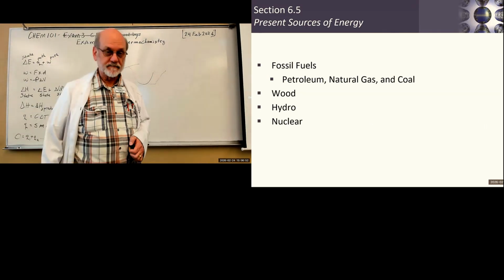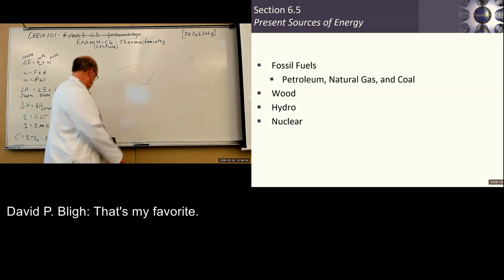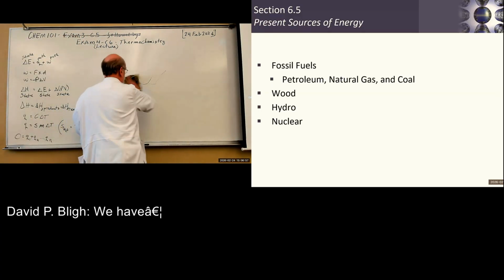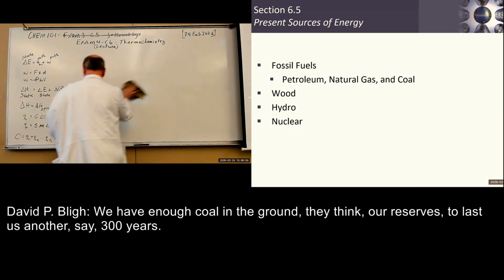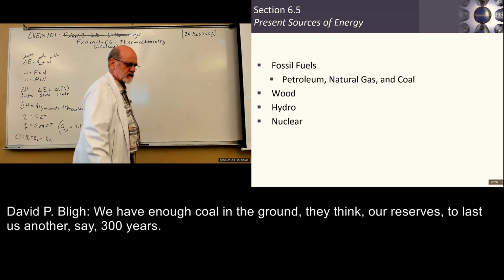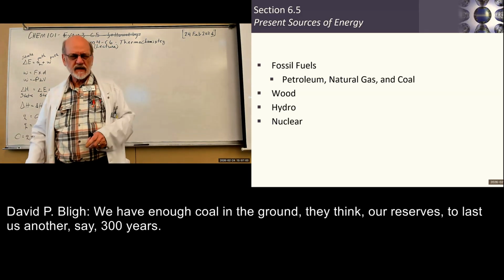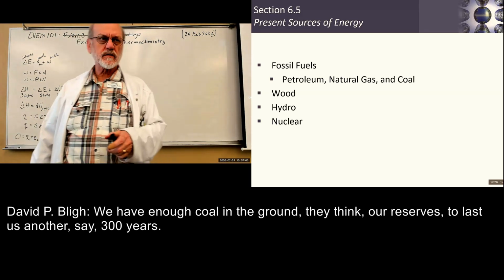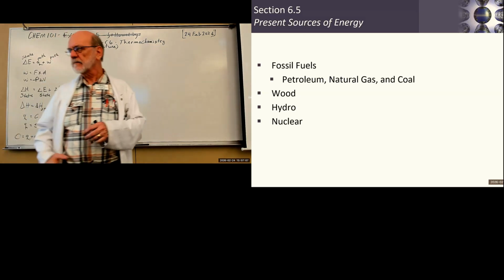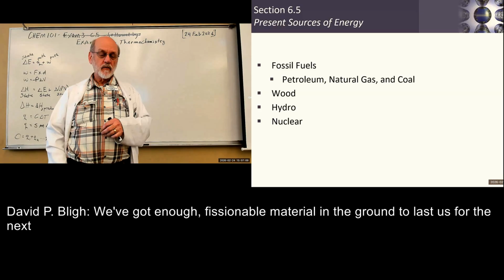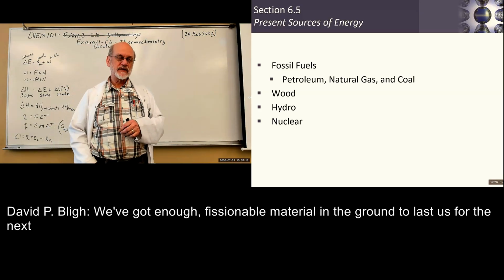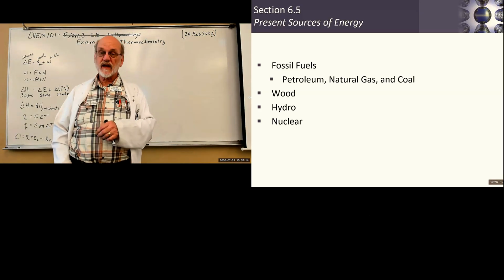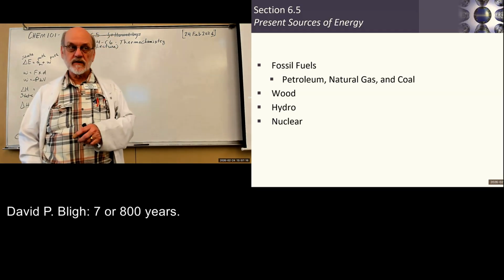Nuclear power. That's my favorite. We have enough coal in the ground, they think, our reserves, to last us another, say, 300 years, maybe 250. You know, we've got enough fissionable material in the ground to last us for the next 700 or 800 years.